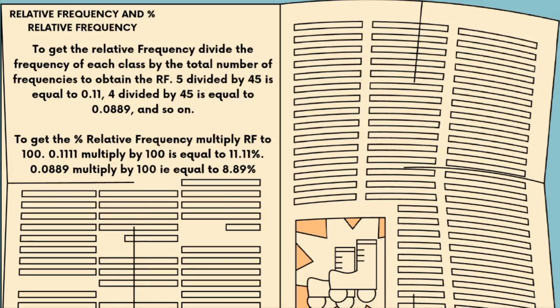To get the percent relative frequency, multiply the relative frequency by 100. 0.111 multiplied by 100 is equal to 11.11%. 0.0889 multiplied by 100 is equal to 8.89%.